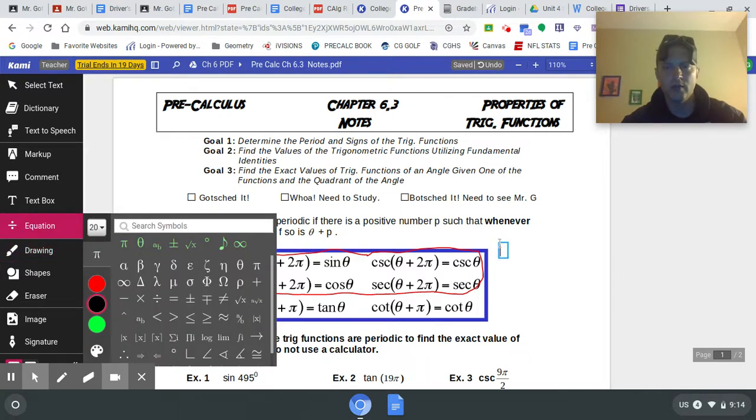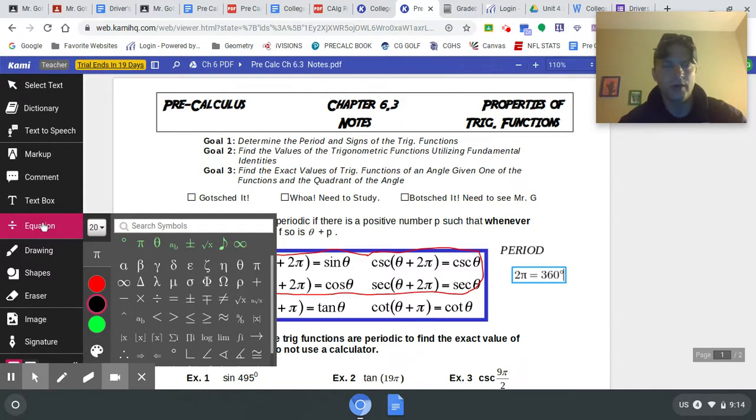So again, the period of these guys starts repeating after 2 pi, which again is equal to 360. So you'll start seeing that these reference triangles start repeating after 360 degrees.